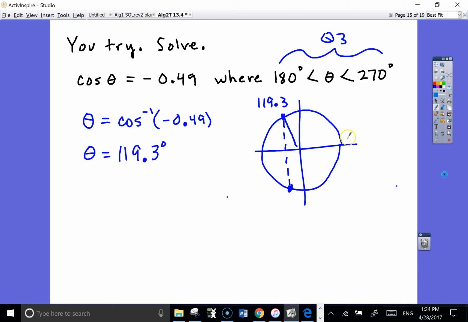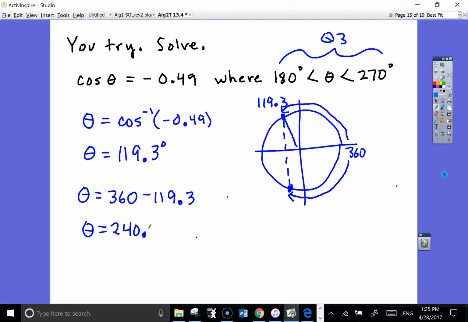Okay, so if this is 119.3 that way, if you start at 360 and you go backwards 119.3, you ought to get there. So let's try that. Theta equals 360 minus 119.3, which is 240.7.